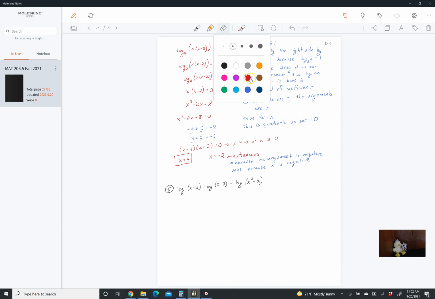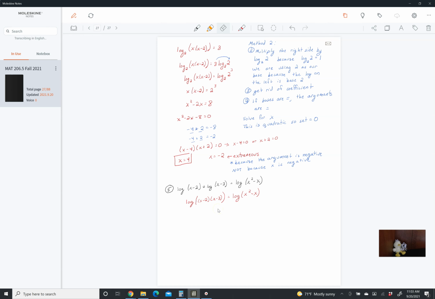So we're going to condense first. Condensing means multiplying. X minus 2 times x minus 3. So we can set the arguments equal to each other. Now, you can choose to multiply x minus 2, x minus 3 first, and then set the arguments equal to each other, or set the arguments equal to each other and then multiply.